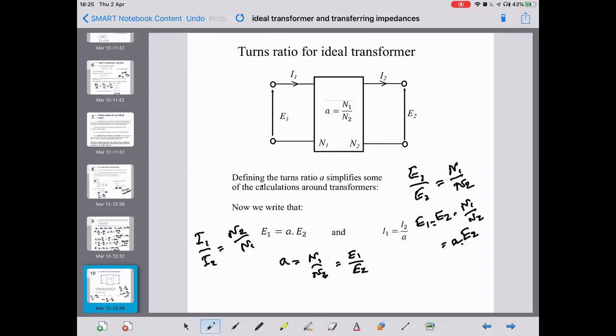If we turn N2 over N1 up the other way, we've got to turn A up the other way, so it's equal to 1 over A. N2 over N1 is equal to 1 over A. So we'd rearrange this equation to I1 is equal to I2 times N2 over N1, which is I2 times 1 over A, or I2 over A.